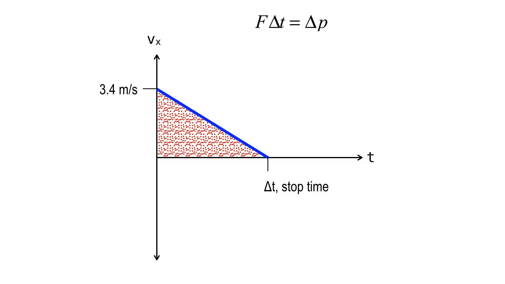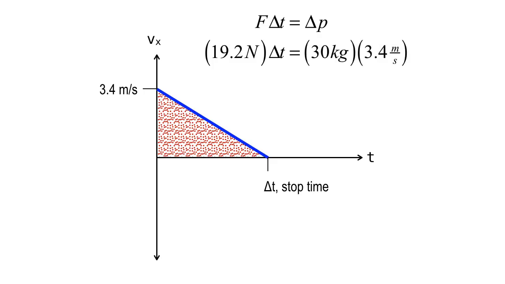So F delta T equals delta P. Now we've got everything we want for that. We have a friction force of 19.2, and we have an mv of 30 kilograms times 3.4 meters per second.